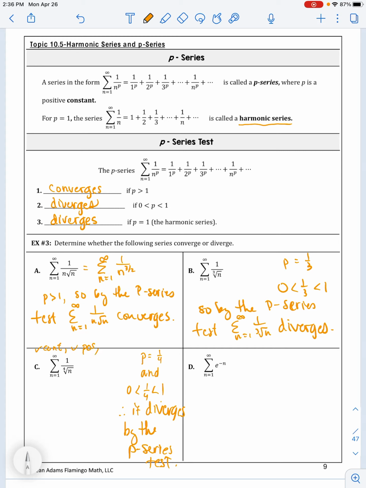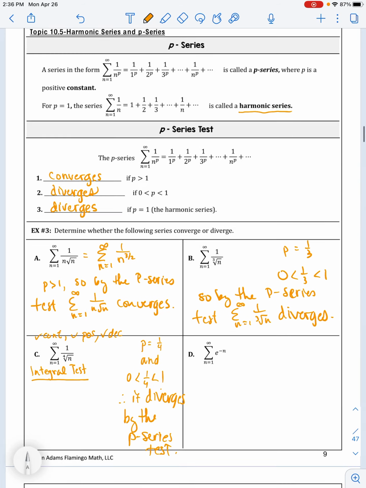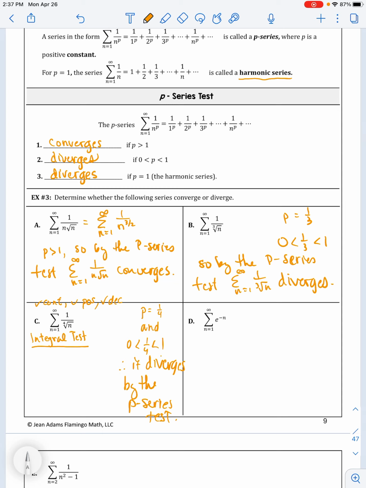Now, this is a good one because it's continuous. It's also positive and decreasing. We could use the integral test also. I just wanted to show you that you can solve this one both ways. So we could say the integral from 1 to infinity of 1 over the 4th root of x dx, and we would say the limit as b goes to infinity of the integral from 1 to b of x to the negative 1/4 dx.